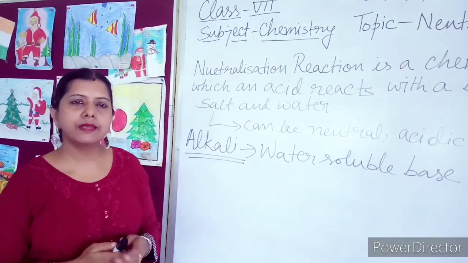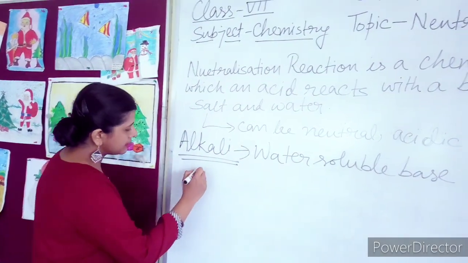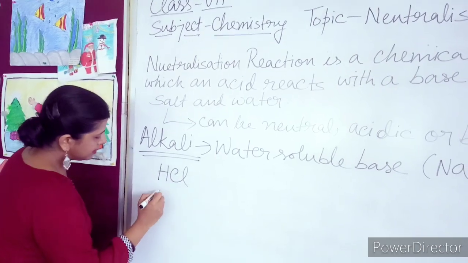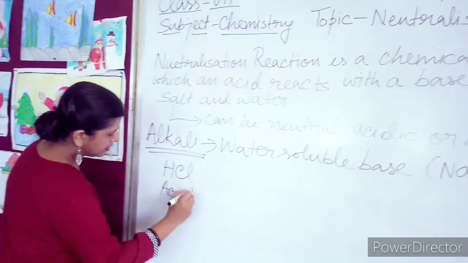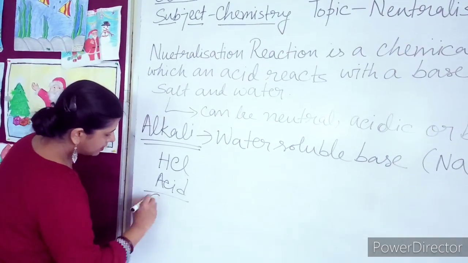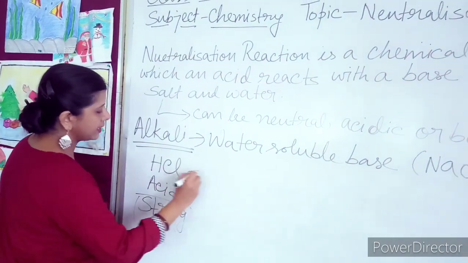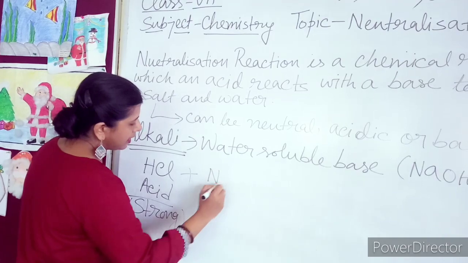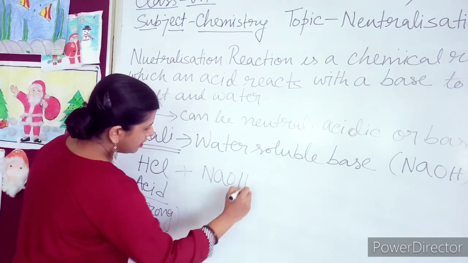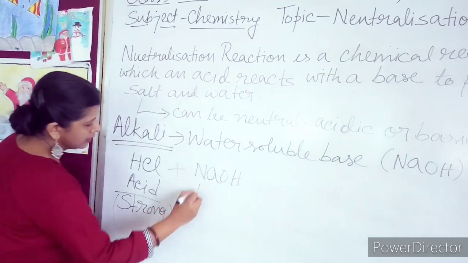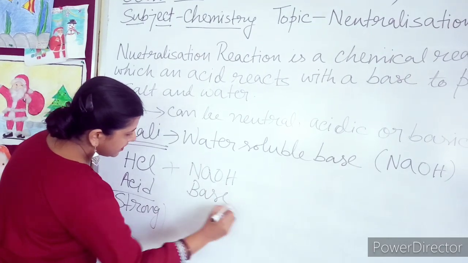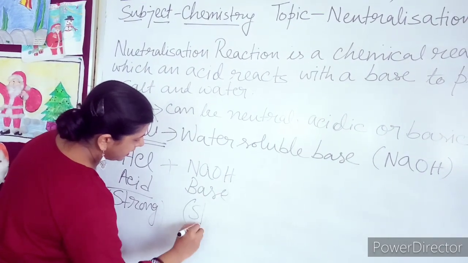I am giving one example. HCl is the acid, this is a strong acid. When it reacts with sodium hydroxide, NaOH, this one is a base, this is also a strong base.